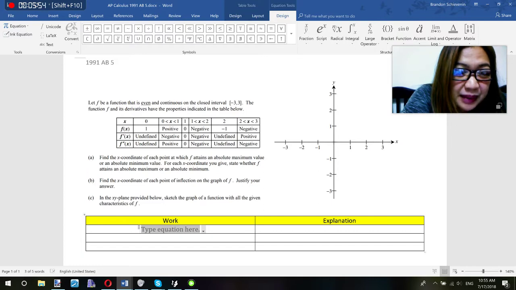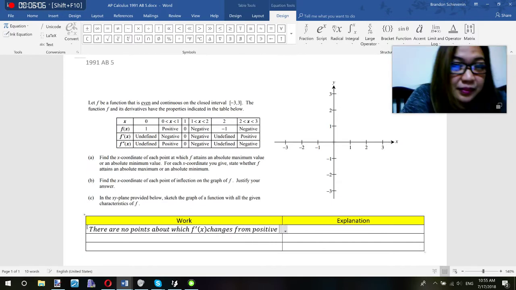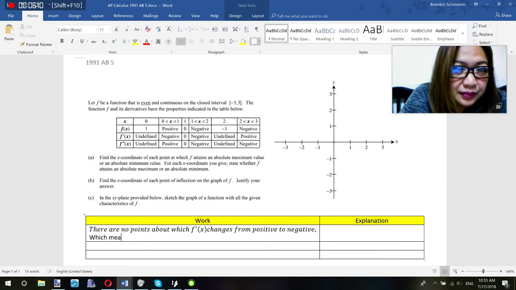From positive to negative, no, I cannot find it. So there are no points about which f prime of x changes from positive to negative, which means there are no relative maximums.